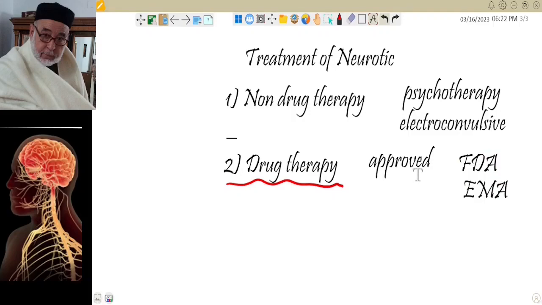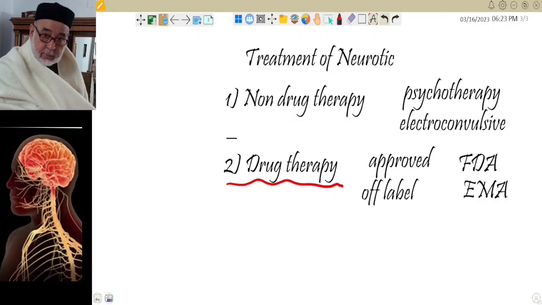There are other drugs which are not given the approval by the general drug authorities, but they are still used for certain purposes. This use is known as off-label use. Yani they are not approved by the drug authority. So usually drug therapy of neurosis is either approved therapy or off-label therapy.